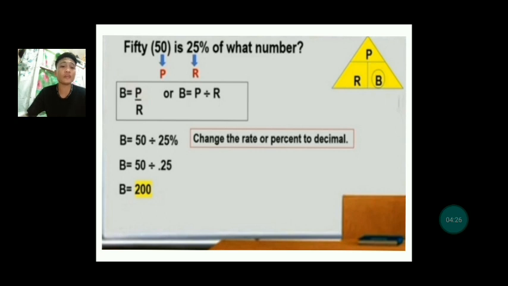Change the rate from percent to decimal, moving to the left, so 0.25. Then 50 divided by 0.25. The answer is the base, which is 200.